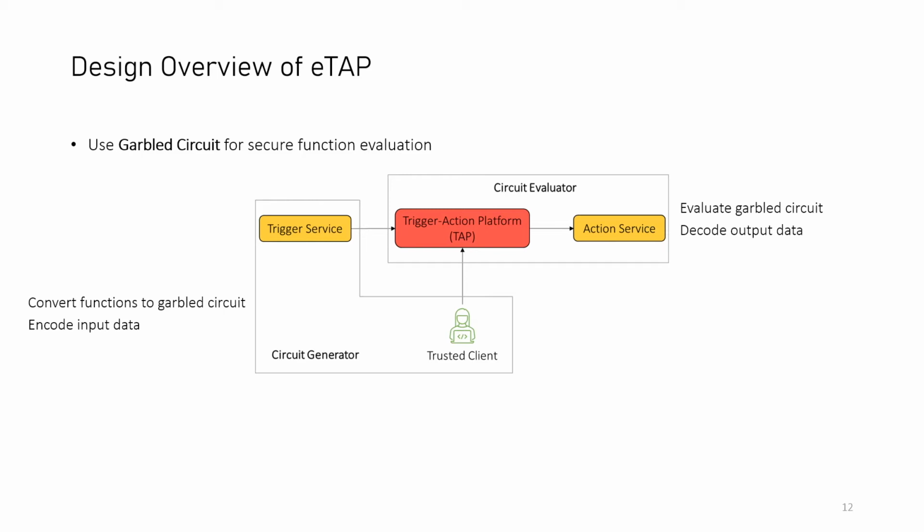We utilize the unique structure in our system to fit such a protocol. That is, the client and the trigger service together play the role of the generator, while the TAP and action service together play the role of evaluator.